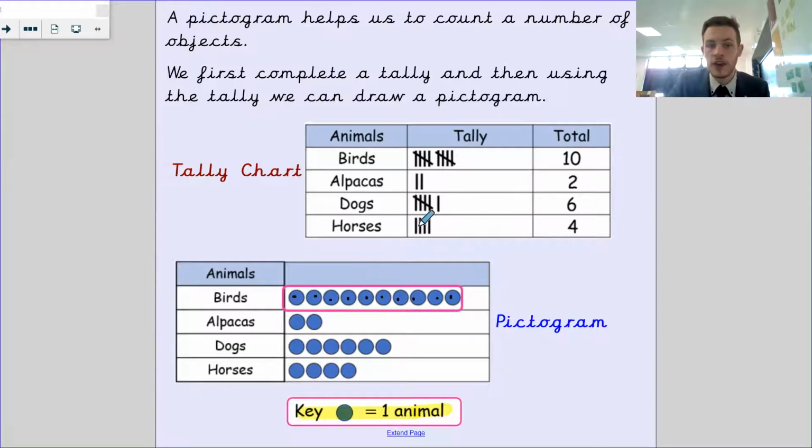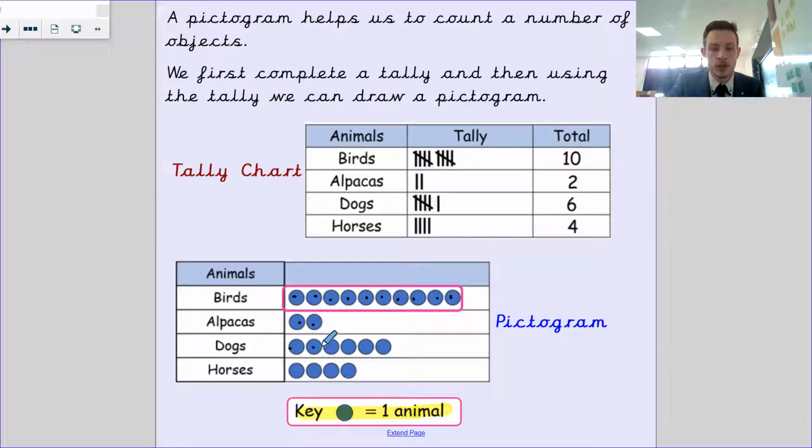Let's check alpacas. There should be a total of 2 alpacas. Now, 2 alpacas, that's 2 animals. So I need 1, 2 of those spots. 1 spot, 2 spot. Perfect. Dogs, I need a total of 6 dog dots.